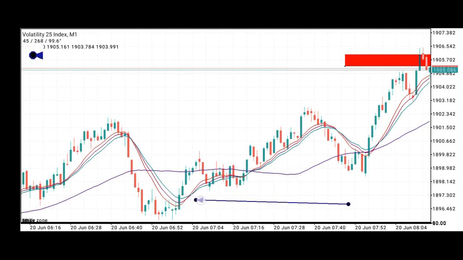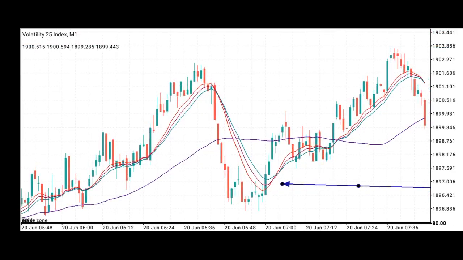Look at this again. Let me just move it to the center. Look at this spot. This is a very good signal. Why? Because the best signal is when a candlestick closes above or below those three moving averages. Do you get that? Just one single candlestick like this, if it closes above if you are buying, or below if you are selling.